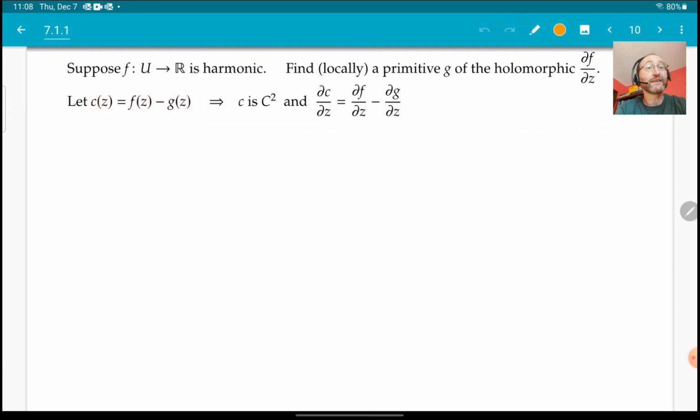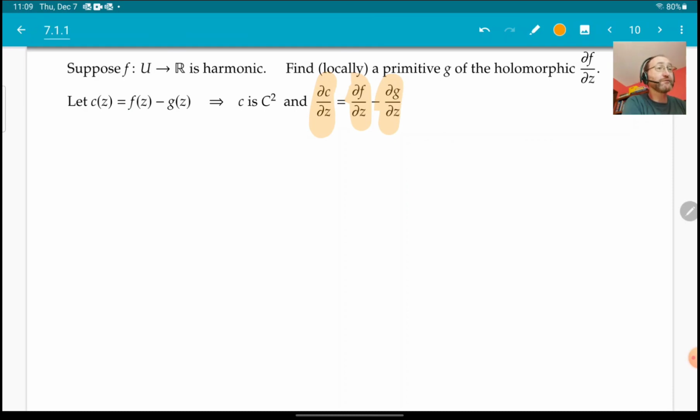But if I take, well, first it's c. I can take derivatives. But the point is that if I take the z derivative, well, that's just taking the z derivative of f minus the z derivative of g.